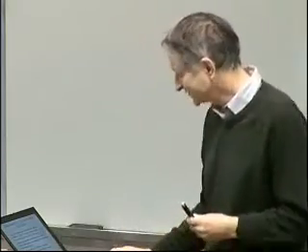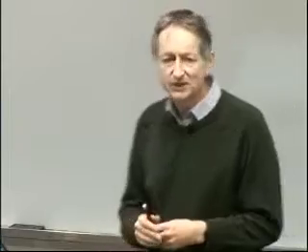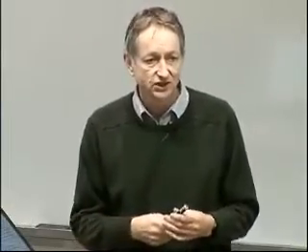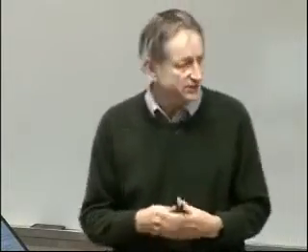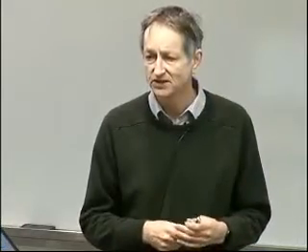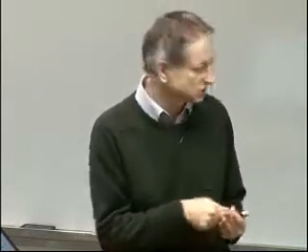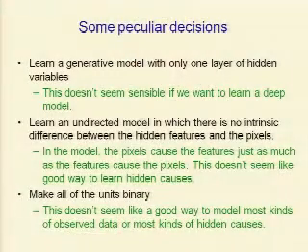So the question is, what kind of generative model? And now we're going to make a bunch of apparently bizarre decisions. The historical justification for them is that I gave up on this problem, went and worked on something else, and then discovered the other thing I was working on was the solution to this problem. So we're going to learn a generative model that only has one layer of hidden variables, which doesn't seem very good if we want to learn deep networks.